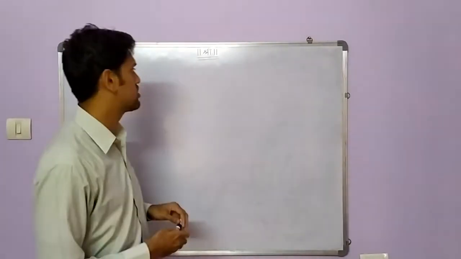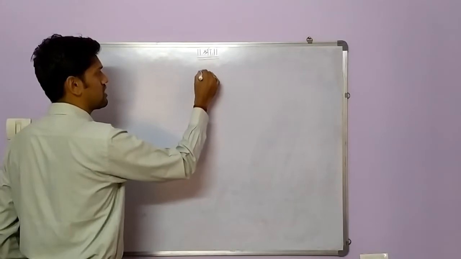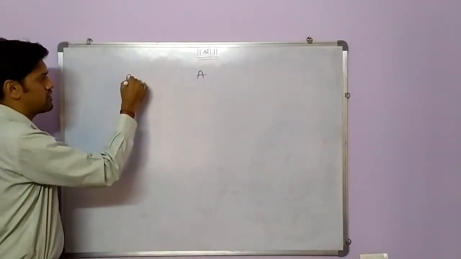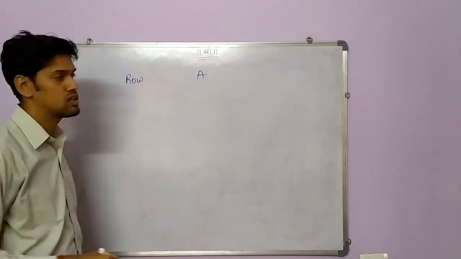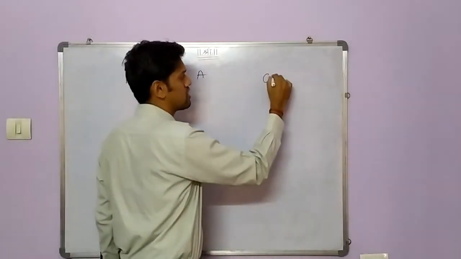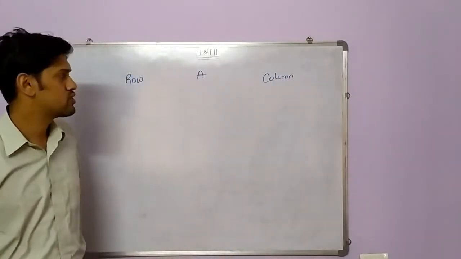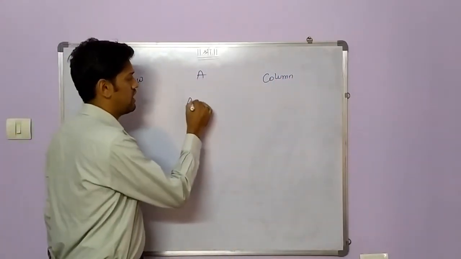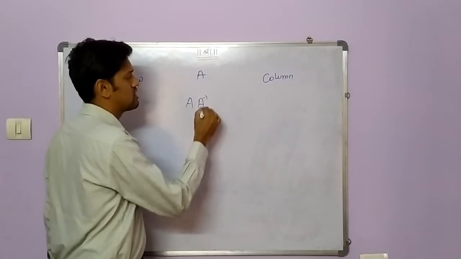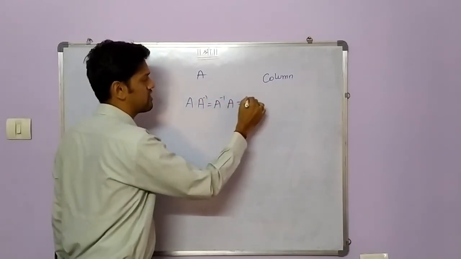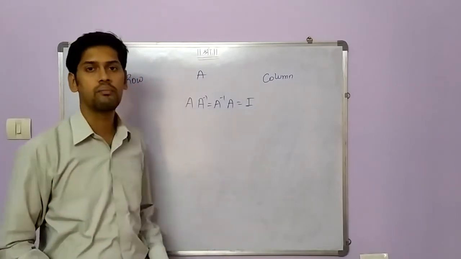So to get the inverse of matrix A, we know there are 2 ways how we can do it. Either we can use row transformation or we can use column transformation. We also know that A into A inverse or A inverse into A both will give me the identity matrix.